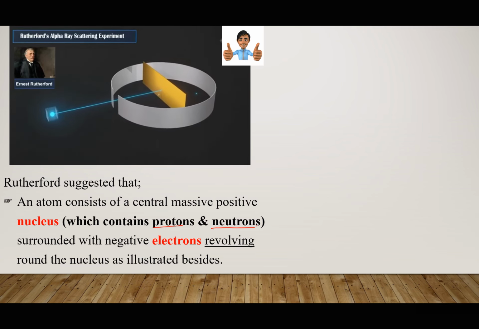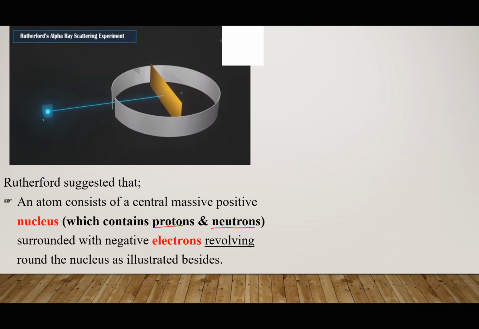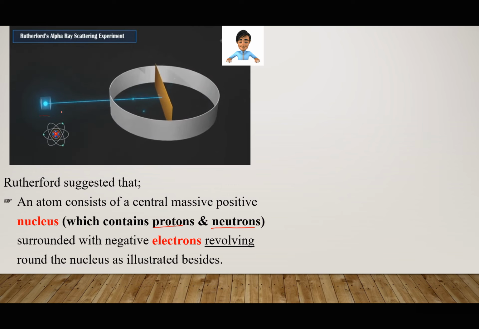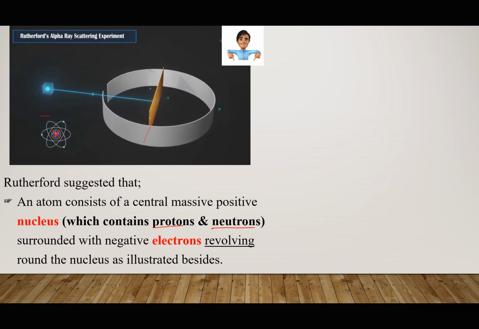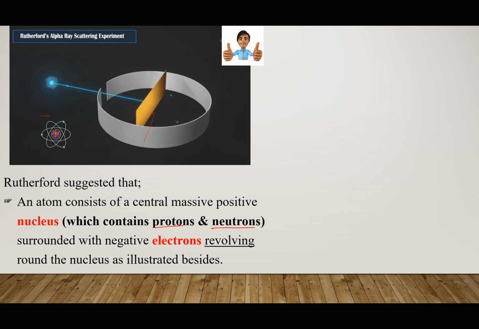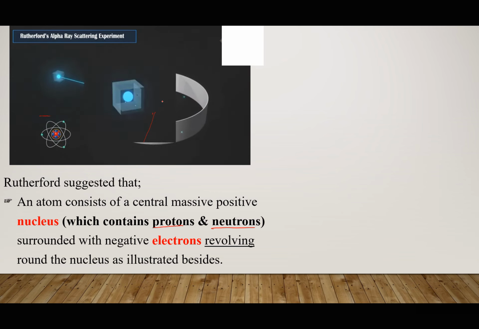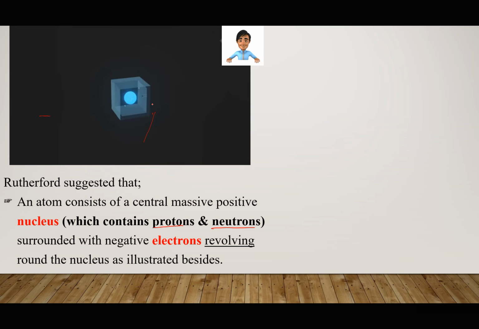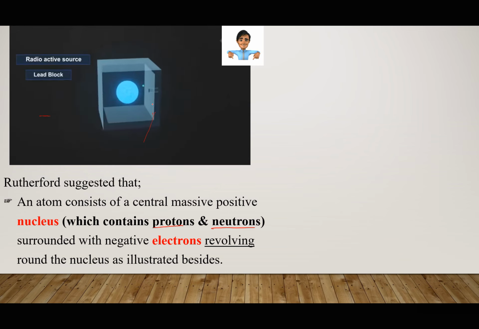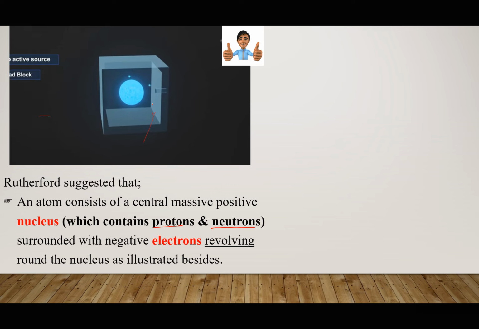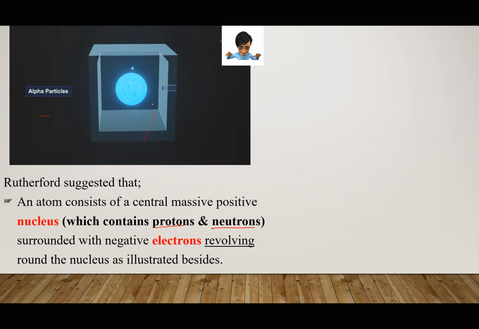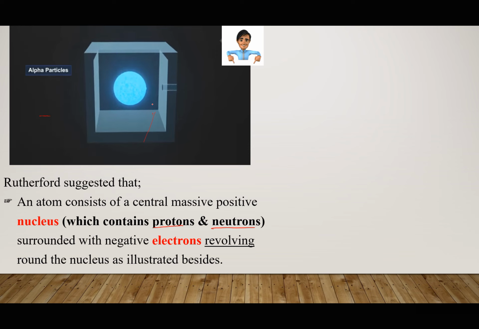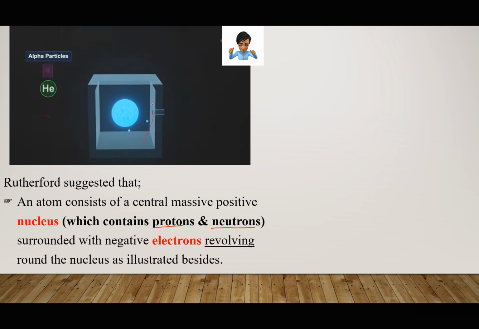So in this animation here, a source of alpha particles is directed towards a thin gold foil as shown here. And of course, we have a screen, and observations show that most of the alpha particles were just going straight through. And the implication was that the atom might be mostly empty space.